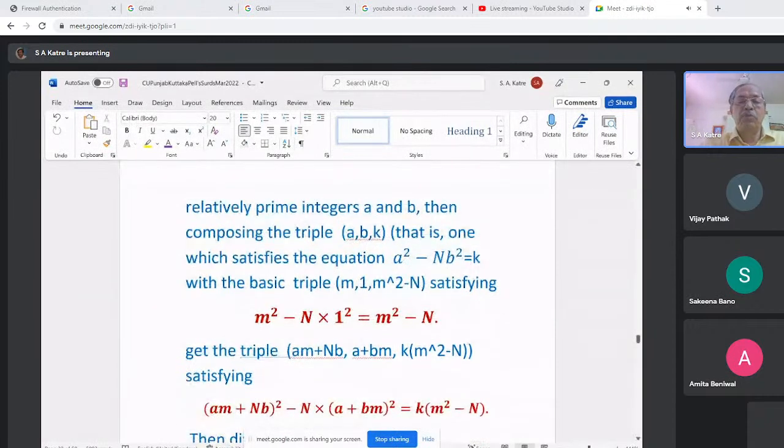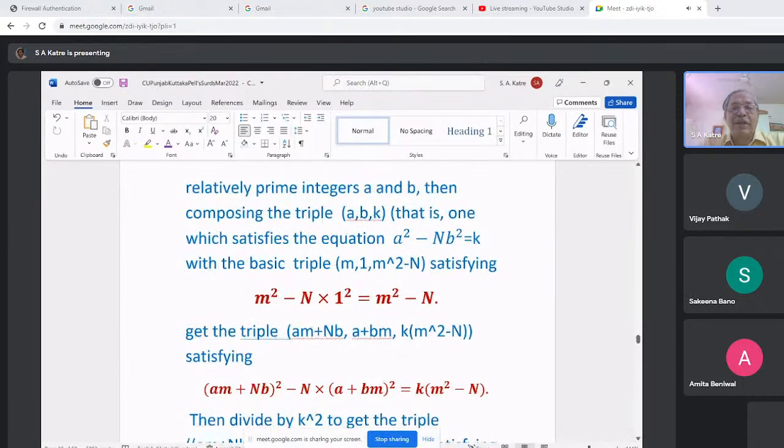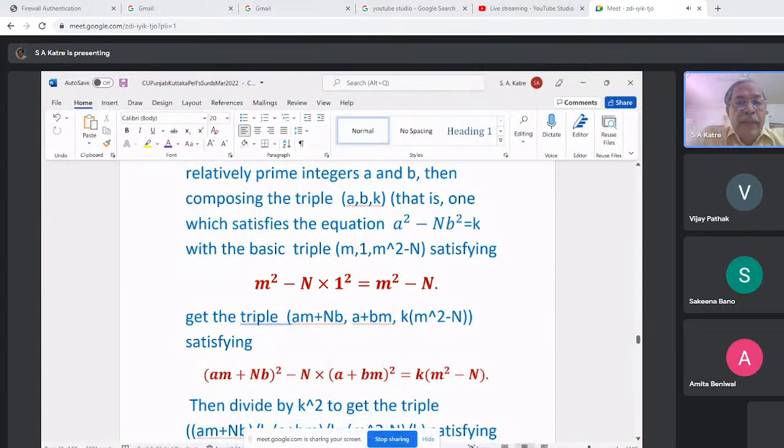But if you choose a square close to n b square, then that will be useful and the number of tests will become less. So you should do that. Initial approximation to the problem should be a good one, so that your work becomes less. Okay. So now you are having, let us call this a kind of approximate solution, where k is to be later on replaced by 1.